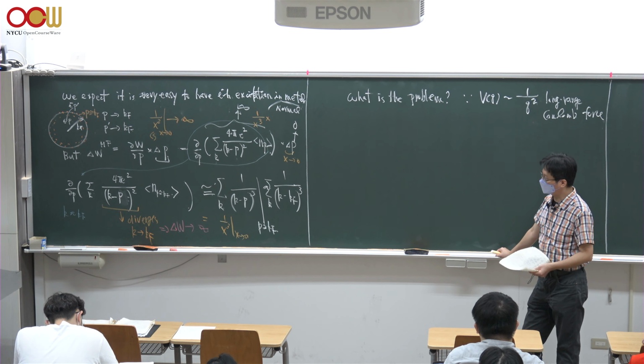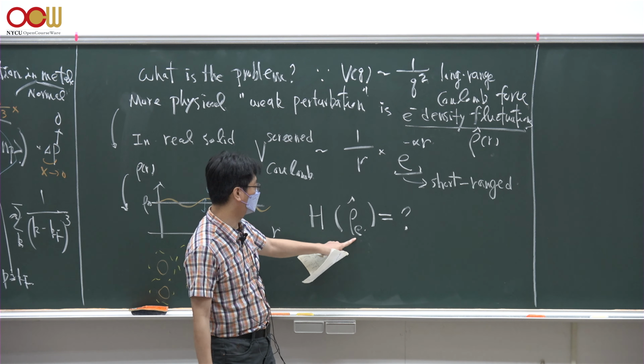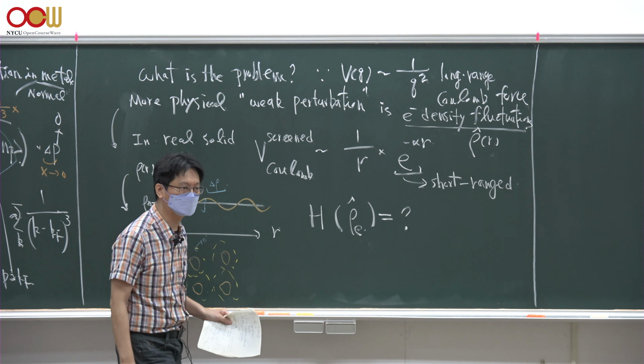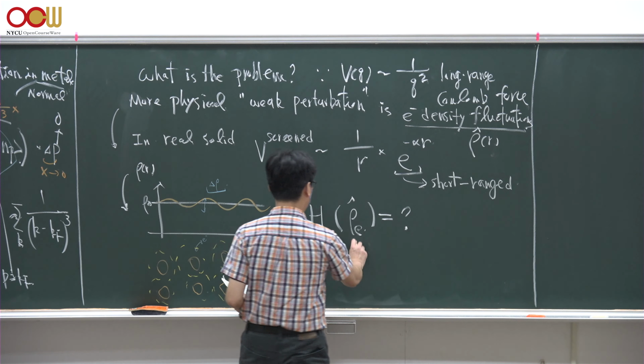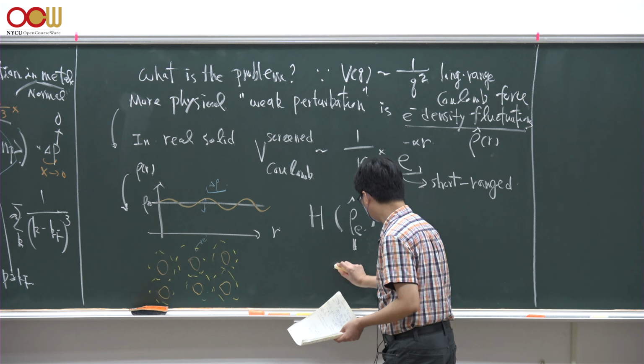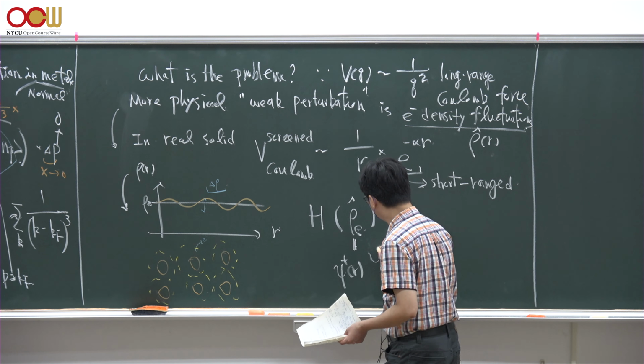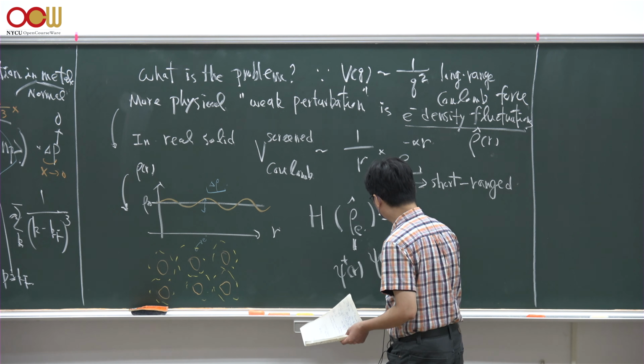We reformulate this Hamiltonian of the Coulomb interacting electron gas, not in the Hartree-Fock language, but in terms of electron density operators, which in real space is the electron occupation number operator that defines the electron density operator. Remember, this is the occupation for electrons in real space.